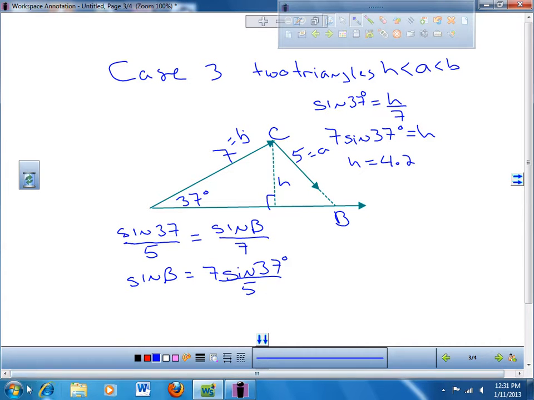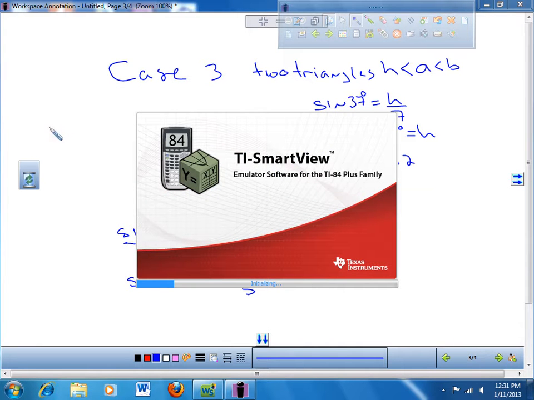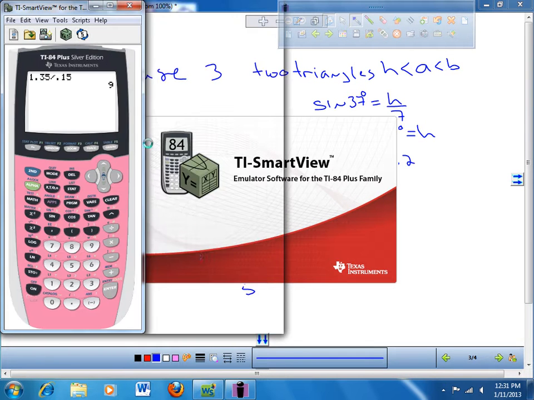So I'm going to plug that into my calculator. You could plug it all in one chunk.